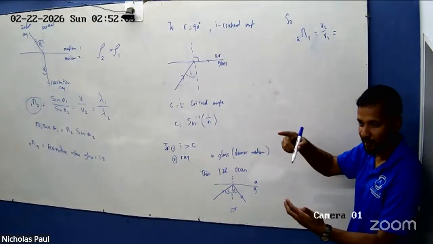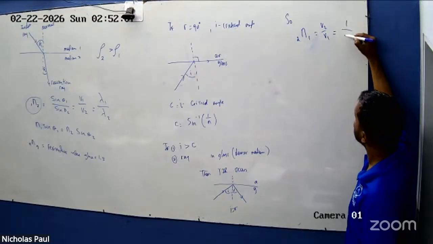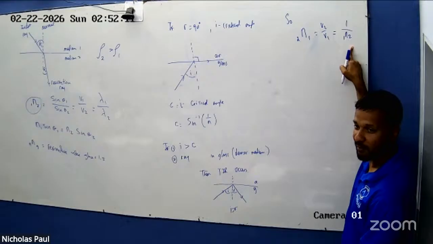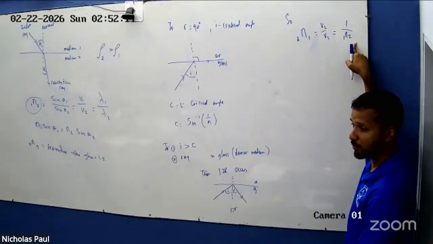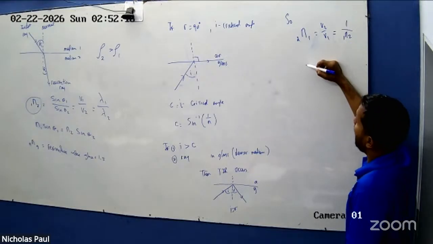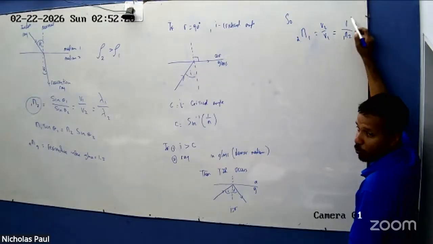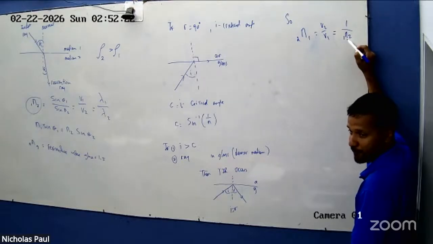So are these two related? Yeah, 1 over this. So the refractive index of 1 with respect to 2 is the same as 1 over the refractive index of 2 with respect to 1.